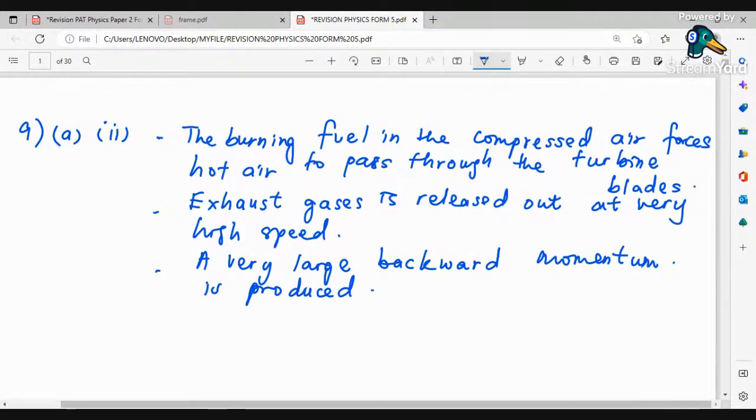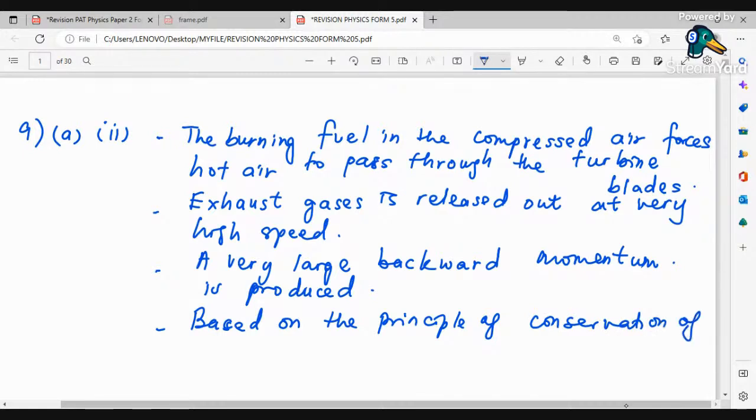Based on the principle of conservation of momentum, you can add: based on the principle of conservation of momentum, a forward momentum is produced.